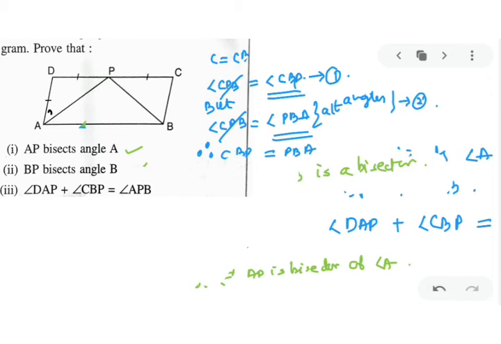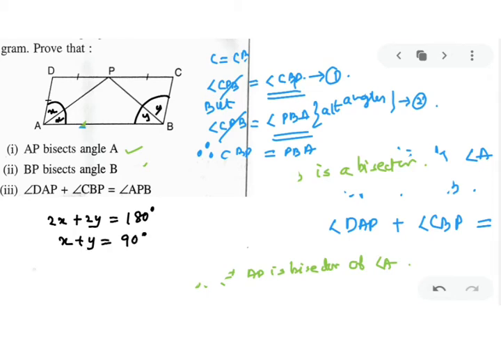So I can put this as x, x and this as y, y. Now my dear kids, this is 2x, this is 2y. And do you know that 2x plus 2y, because they are the adjacent angles, the co-interior angles of a parallelogram, their addition will be 180. From there you will get x plus y is equal to 90.